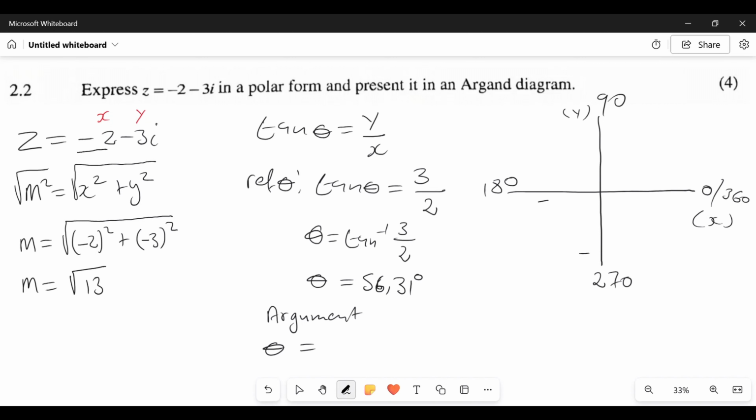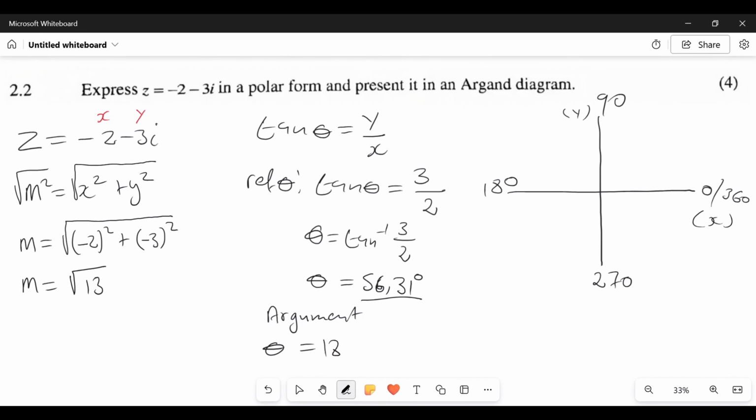As you can see here, we have -2 and -3. So how do we represent the third quadrant? By the way, guys, this is how we represent it: 180 plus theta, where theta is our reference angle. Do not forget the one that we calculated here. In order for us to get our actual argument, we must use that formula.